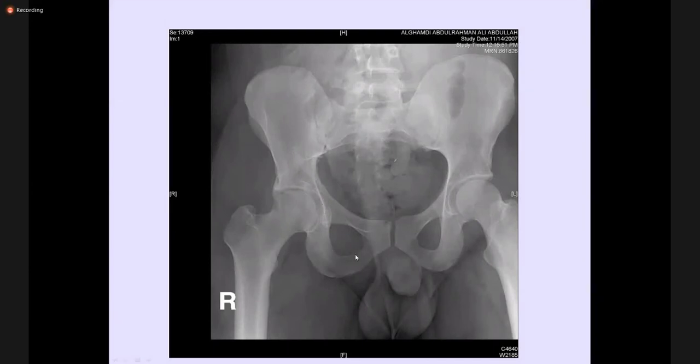This ilioischial line is the posterior column, and the wall, which is blurred, is known as the posterior wall. The iliopectineal line is the anterior column, and the ilioischial line is the posterior column.